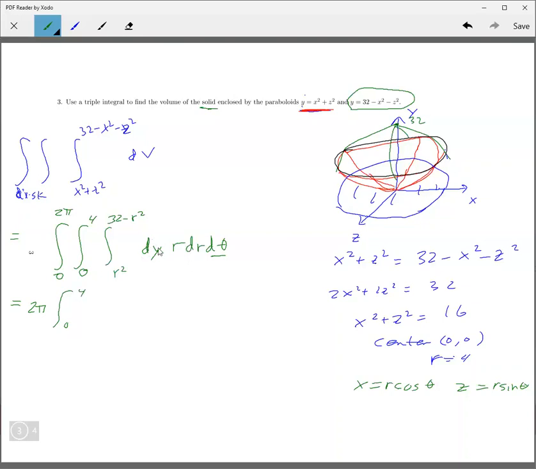Then dy is the first one. There are no y's anywhere, so you can just take that minus that. That's 32 minus r squared minus r squared, which is 32 minus 2r squared. That's all going to be multiplied by r, though, dr.